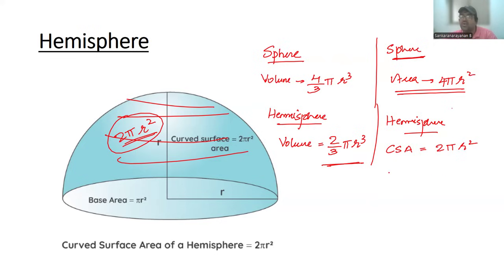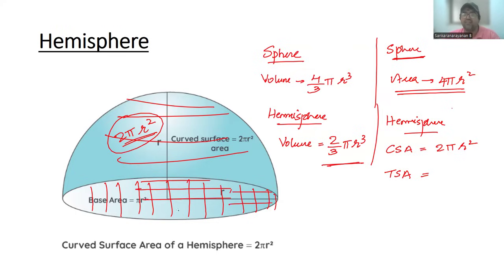Now, what about the total surface area? To this 2 pi r square, I need to include the base area, because you are cutting this hemisphere from the main sphere, right? So a new circular region will be formed when you do that cutting. It's a solid sphere that you cut, right? So definitely the new area comes, and that is nothing but pi r square.